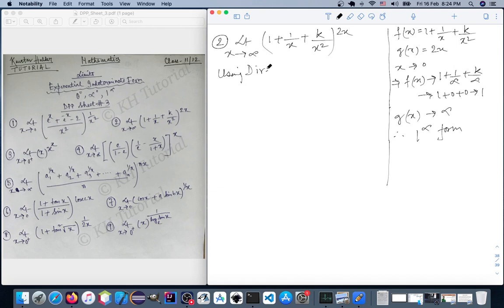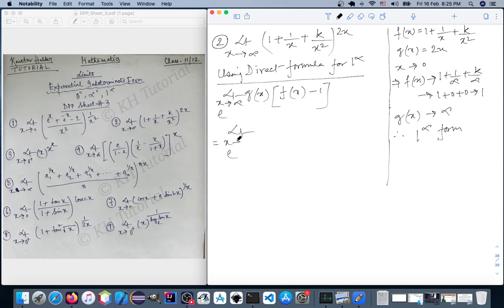Using the direct formula for 1 to the power infinity, we get the answer as e to the power limit x tends to infinity of g(x) times (f(x) minus 1). This becomes e to the power limit x tends to infinity, 2x times (1 plus 1 by x plus k by x square minus 1).